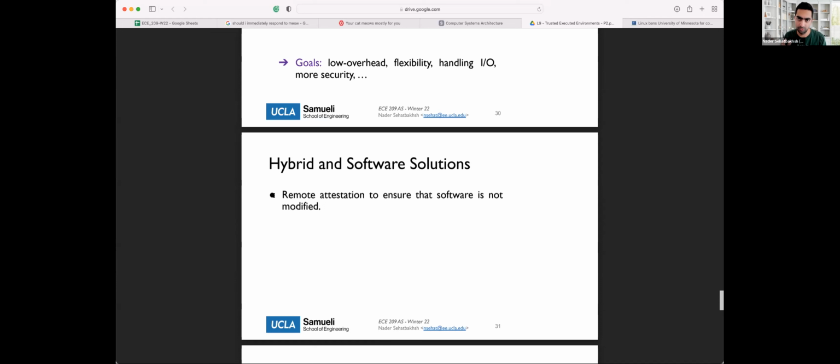And we also discussed how we can share keys and send the data and code in a private manner and so on. But other than using keys for remote attestation, there are what's called hybrid or software methods in order to enable software attestation and remote attestation.